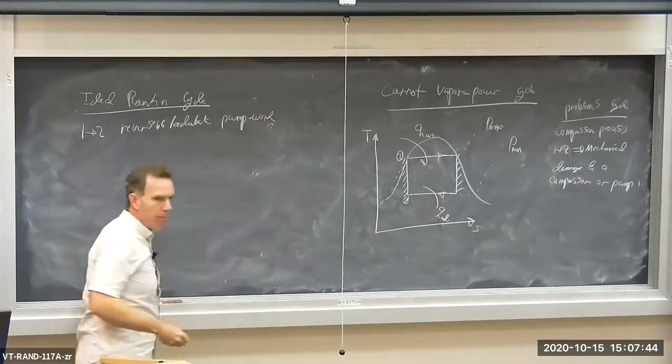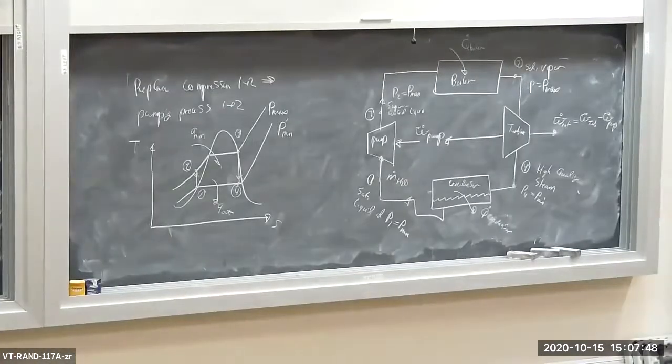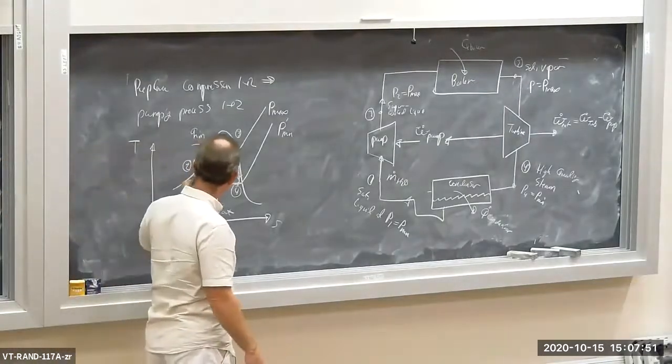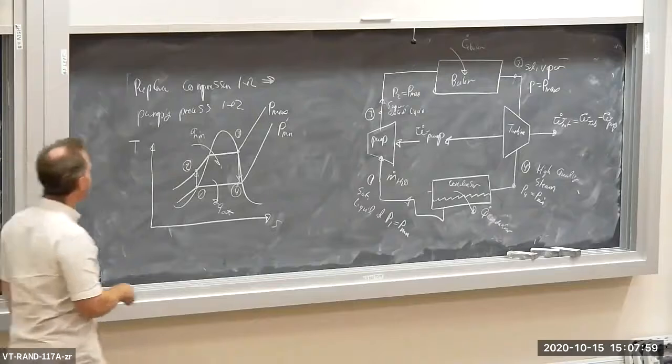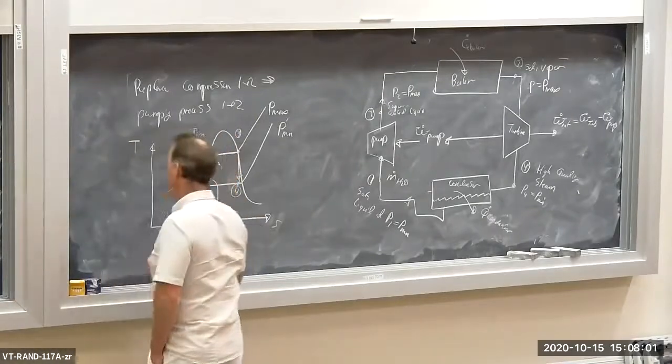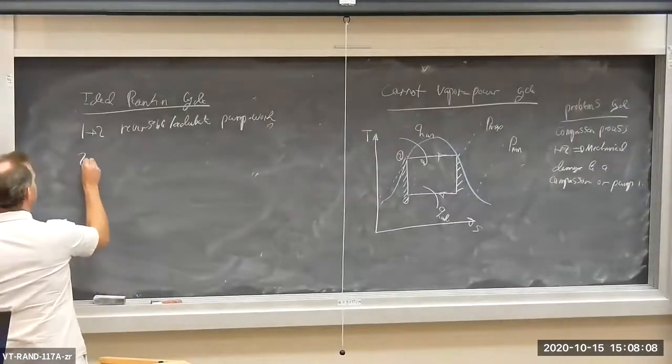So we go from the minimum pressure up to the maximum pressure in the cycle using the pump. And then we have isobaric heat addition in the boiler. So that is from 2 to 3.